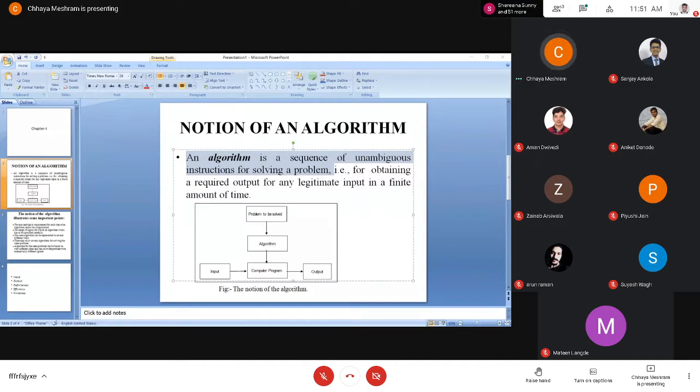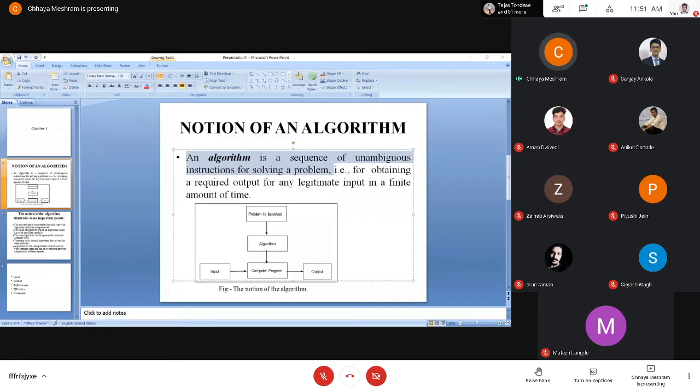As I told you, convert that problem into an algorithm. An algorithm is nothing but a sequence of unambiguous instructions. So convert that problem statement into the algorithm.